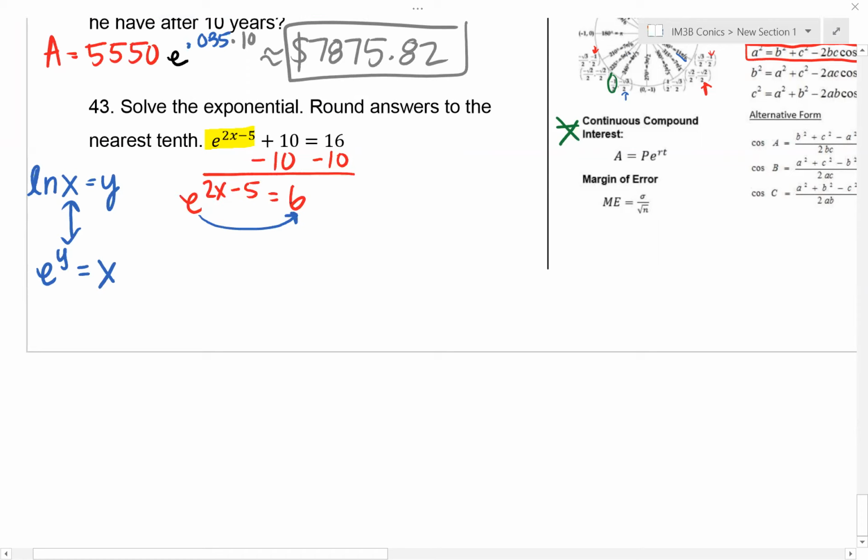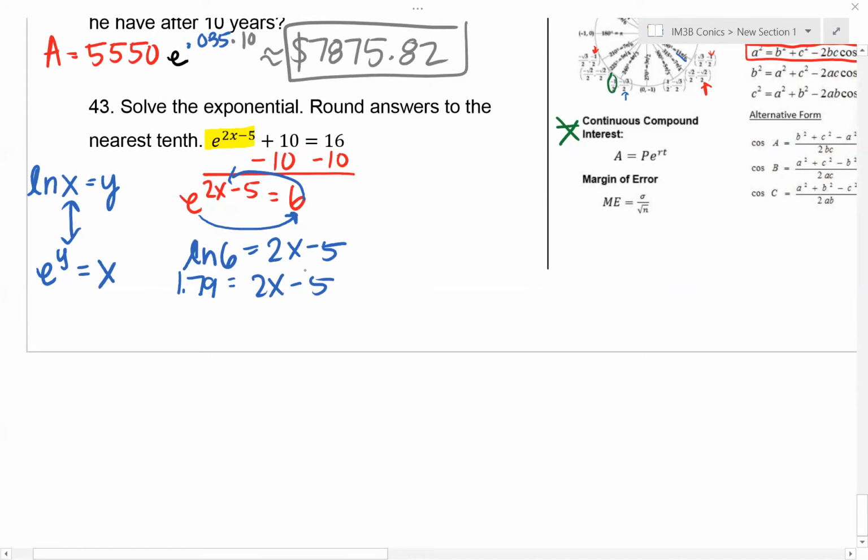So we're going to do ln of 6 equals 2x minus 5. And then remember that ln of 6 is something that we can calculate. So on our calculator, we're going to type ln 6, and I'm going to estimate that to a couple decimal points just so that we have values. So that's about 1.79, and that equals 2x minus 5.